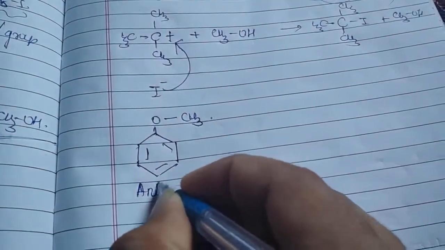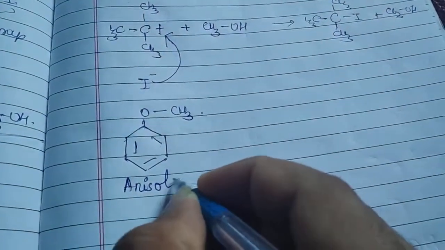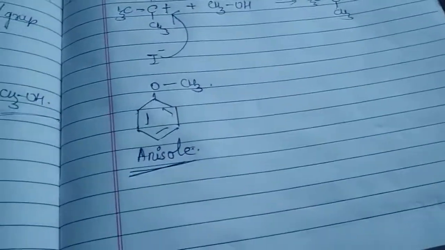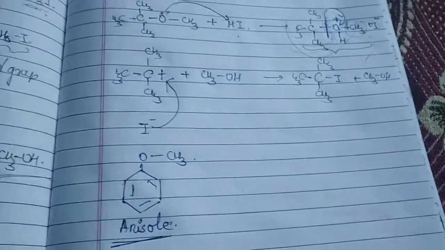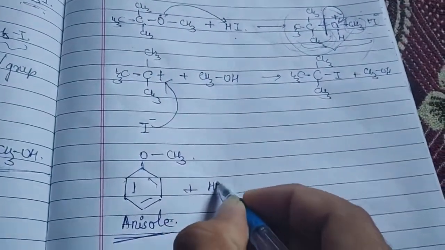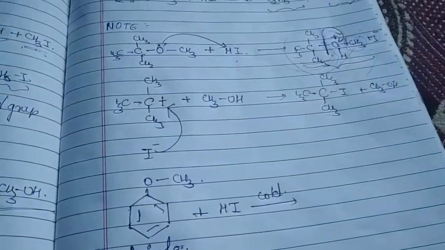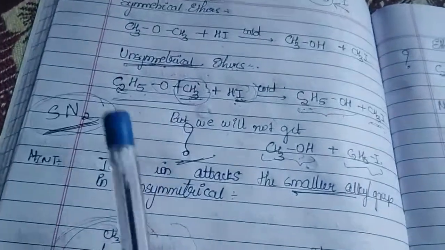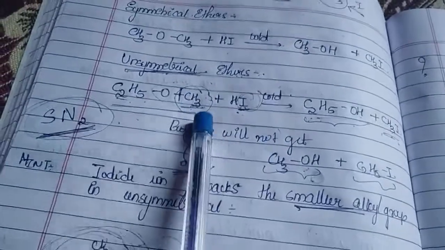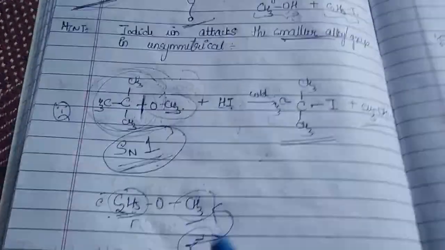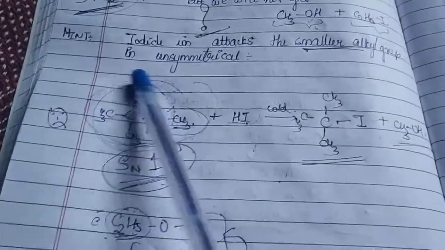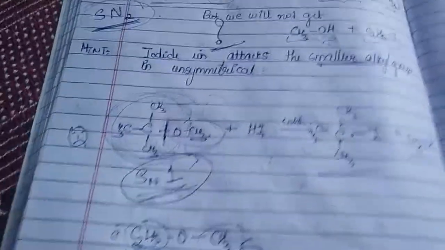Methoxybenzene is the IUPAC name, but anisole is one of the most commonly used names. Anisole, C6H5OCH3. Now the question arises, what happens when I treat it with hydrogen iodide? We know that if it is an unsymmetrical ether with an aliphatic system, I minus will attack the smaller alkyl group. And we also know that in the same unsymmetrical ether, if I have a tertiary alkyl group, I minus will attack that tertiary alkyl.